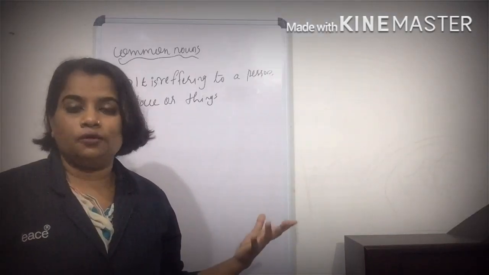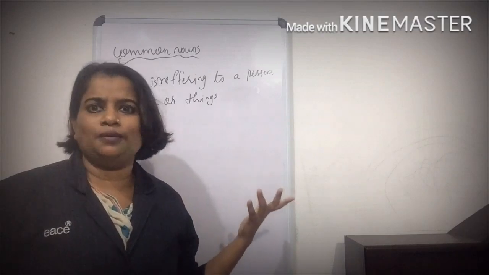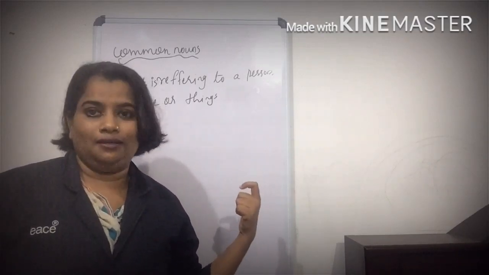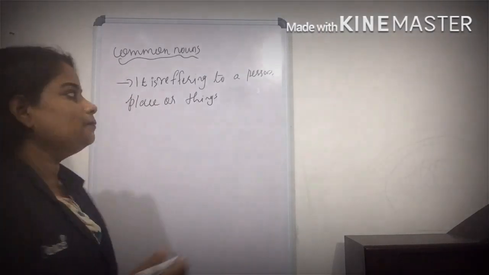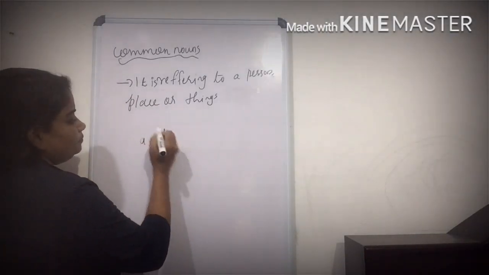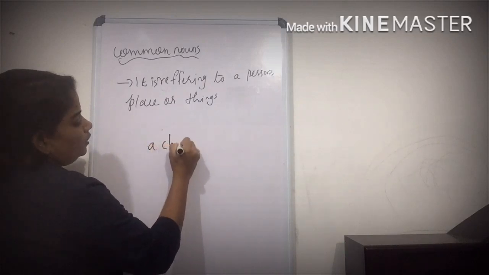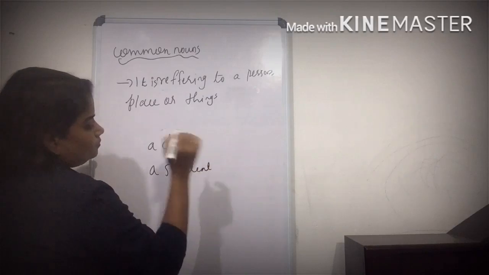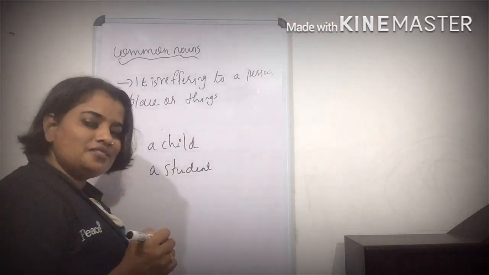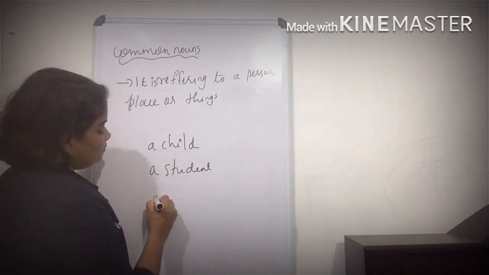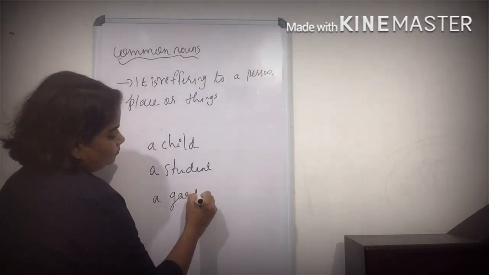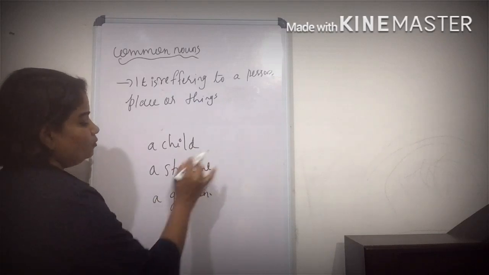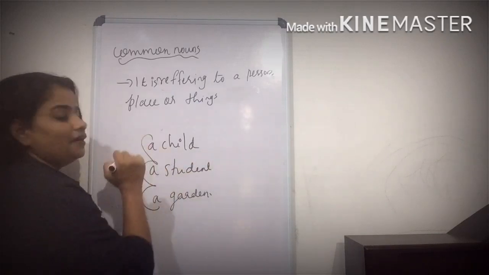In the case of common nouns, which refer to a person, place or thing, we can give examples like a child, a student, a garden. Before the noun you can use a.